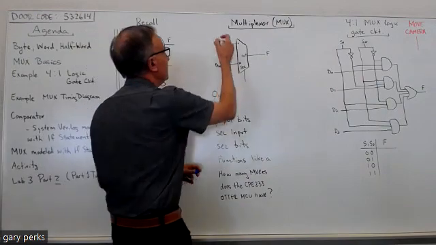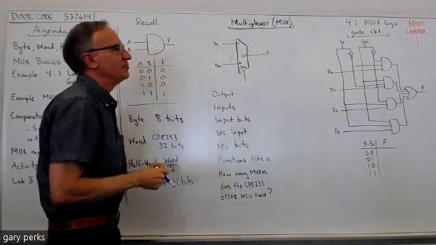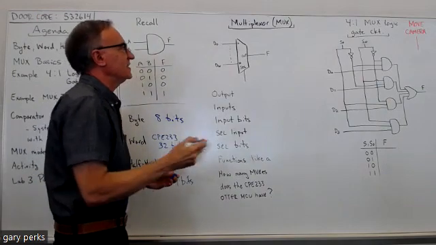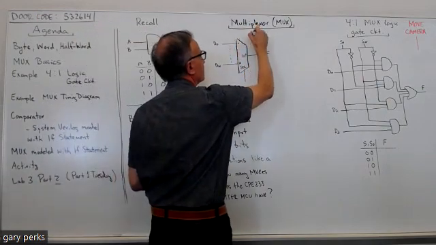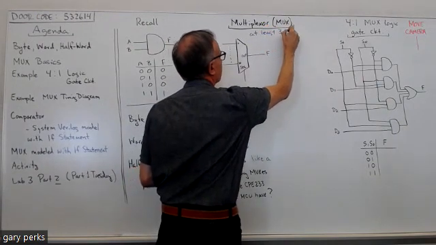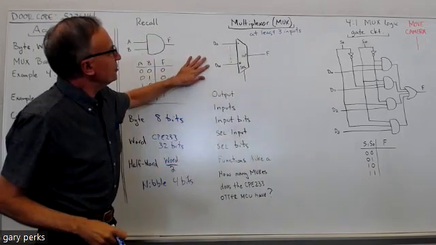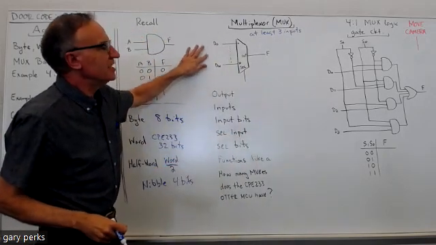The MUX has at least 3 inputs. Most of your inputs are referred to as data inputs.